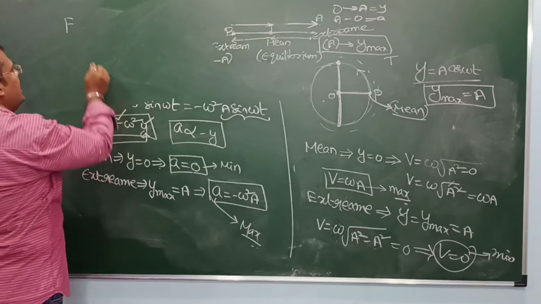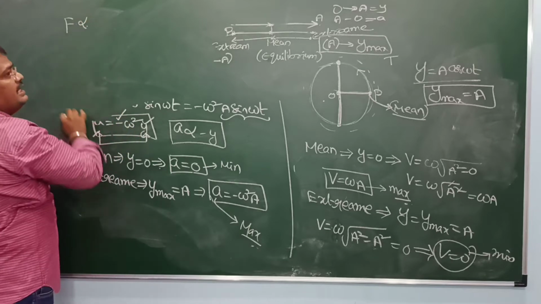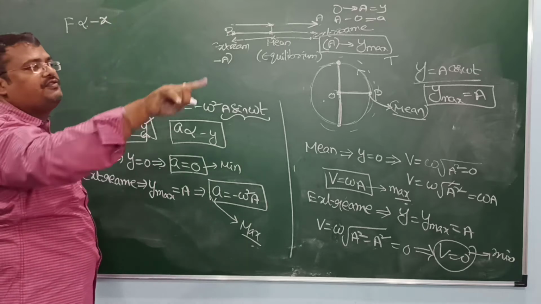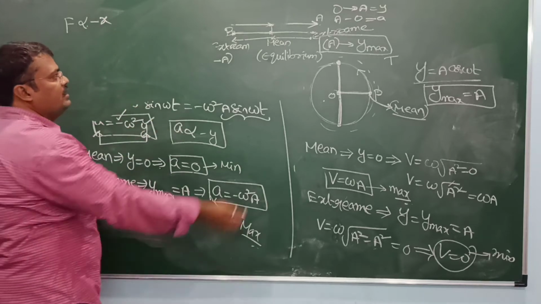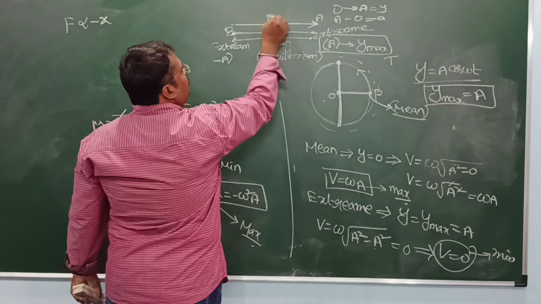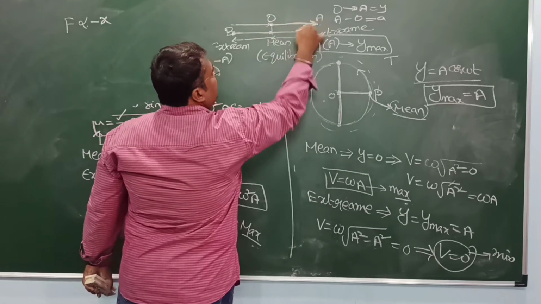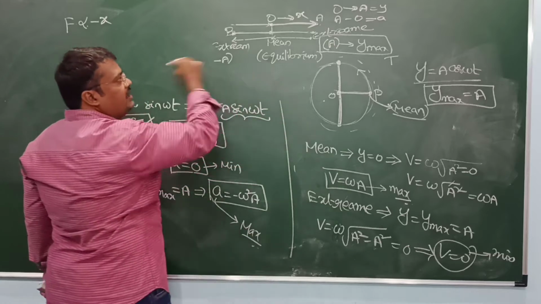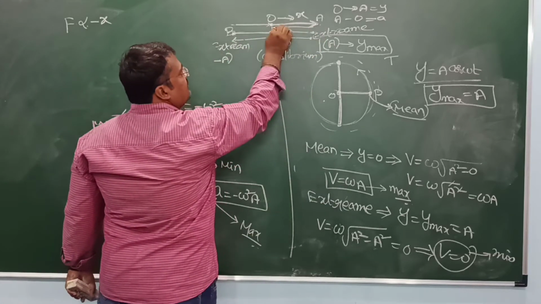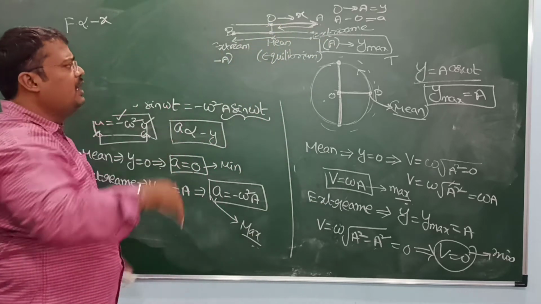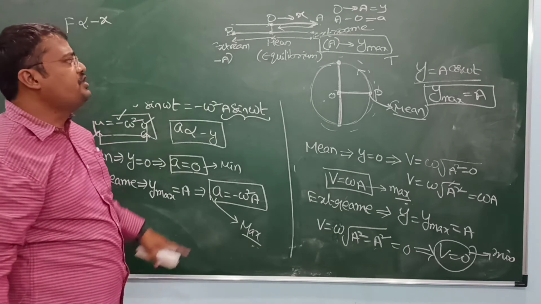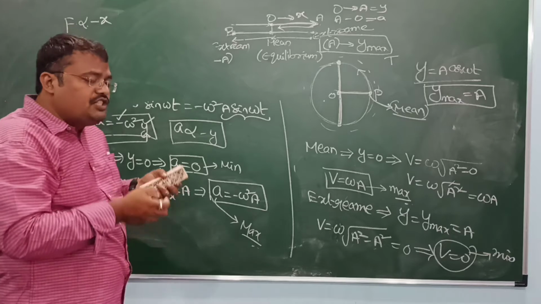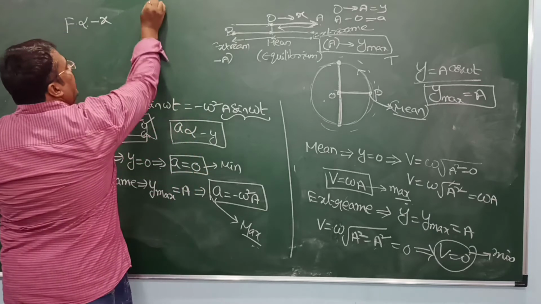By Hooke's law, the restoring force is always directly proportional to the negative direction of the displacement of the particle. From O to A, this is the direction of the displacement, but the restoring force always acts away from the extreme position, or always acts towards the mean position. That's why you have to apply this.